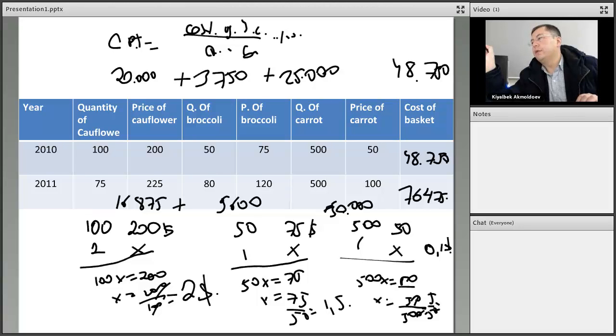How to find CPI: cost of basket current year divided by cost of basket base year multiplied by 100. So the first year, the base year, CPI is 100.